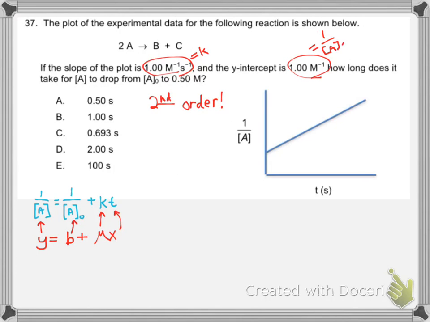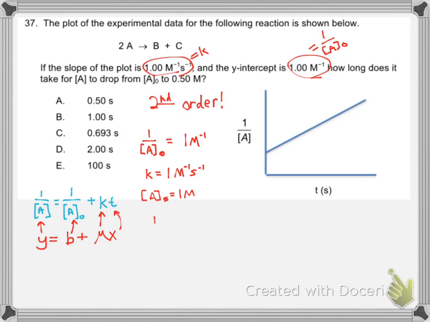Now we have all the information we need to answer this problem. Okie dokie. So, if we multiply through the A sub 0 and then divide each side by 1 molar to negative 1, we'll end up getting that A sub 0 is equal to 1 molar.